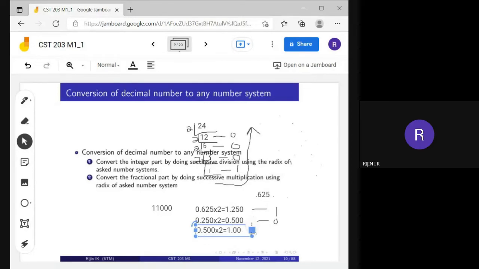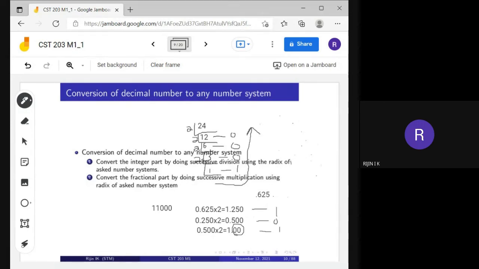So collect the integer part. Here the integer part is 1. Collect that. Here the fractional part becomes 0, so we can stop the multiplication operations.